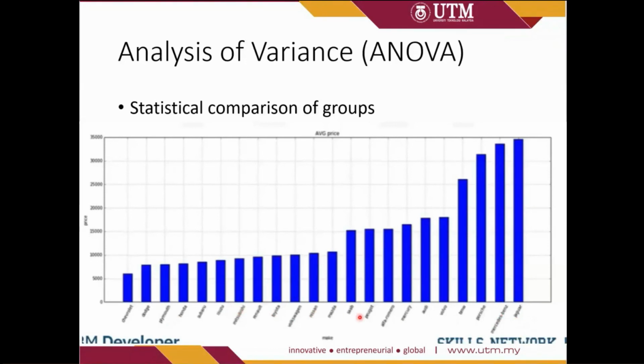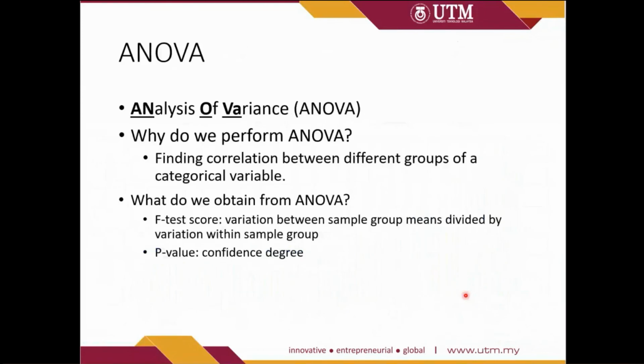To analyze categorical variables such as the make variable, we can use a method such as the ANOVA method or analysis of variance. ANOVA is a statistical test that stands for analysis of variance, right? ANOVA can be used to find the correlation between different groups of a categorical variable.